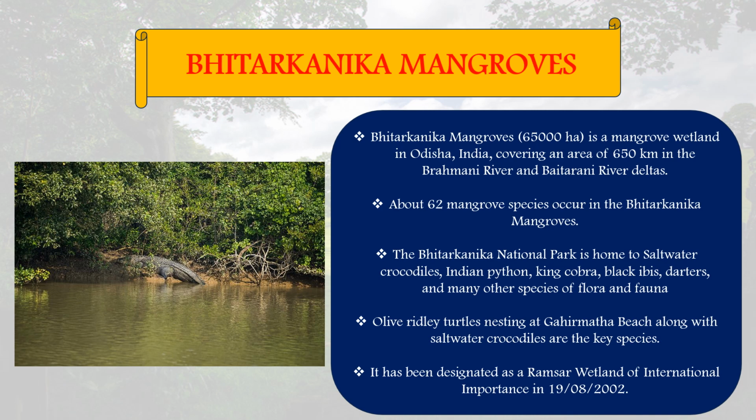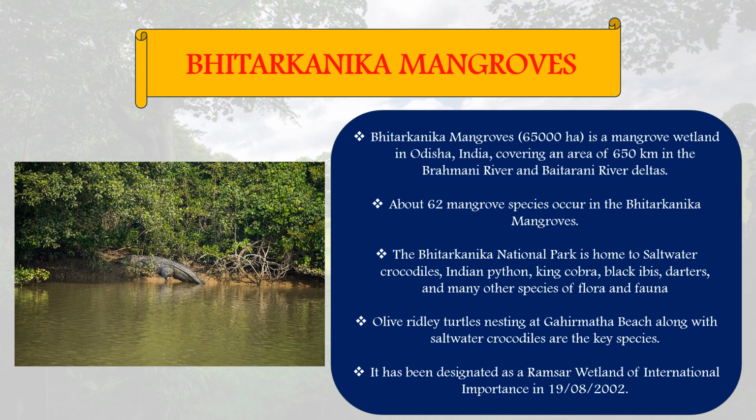In 1975, an area of 672 kilometers square was declared the Bhitarkanika Wildlife Sanctuary. The core area of the sanctuary, with an area of 145 kilometers square, was declared Bhitarkanika National Park in September 1998.